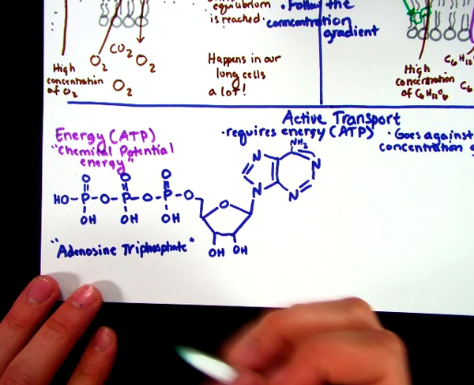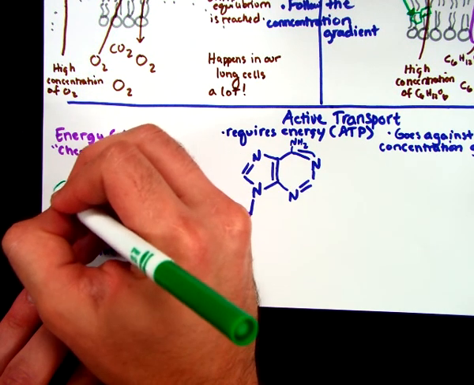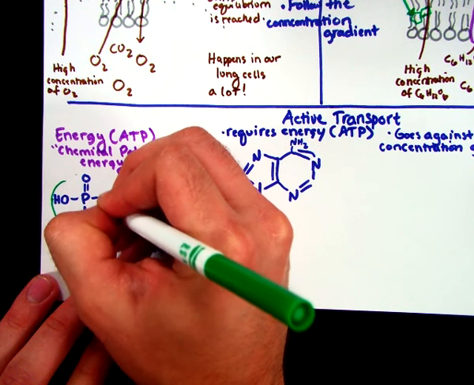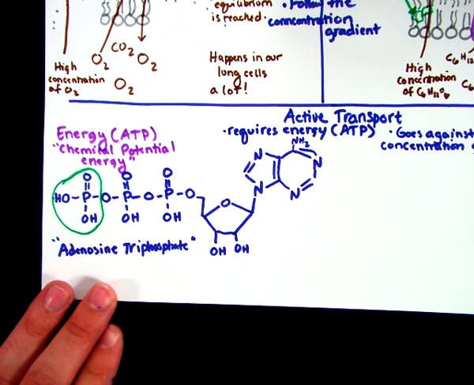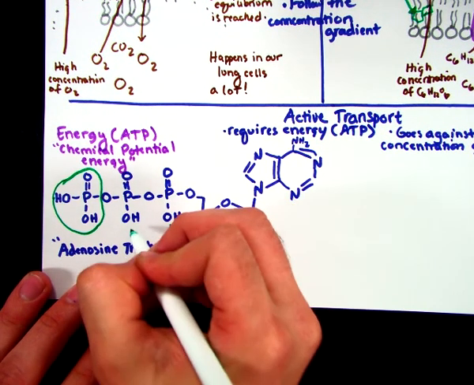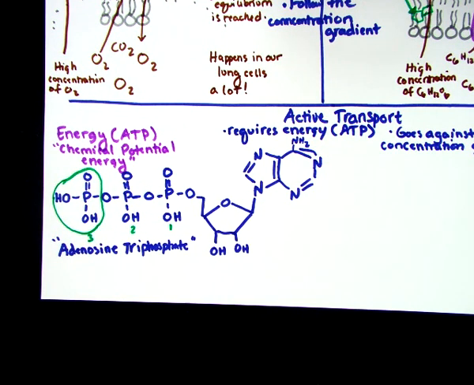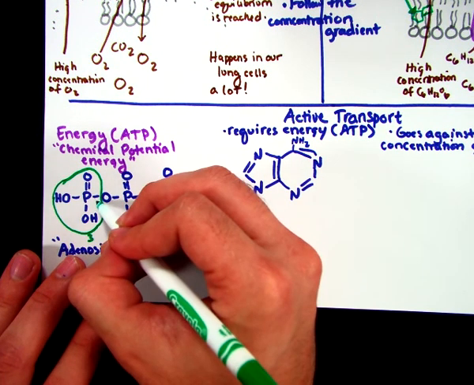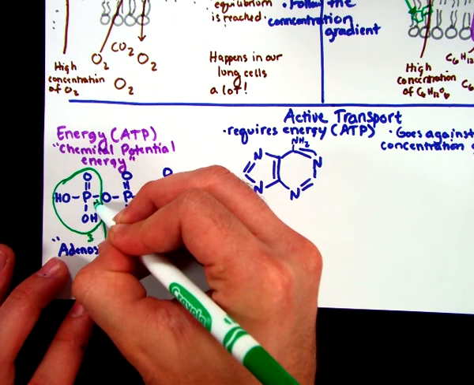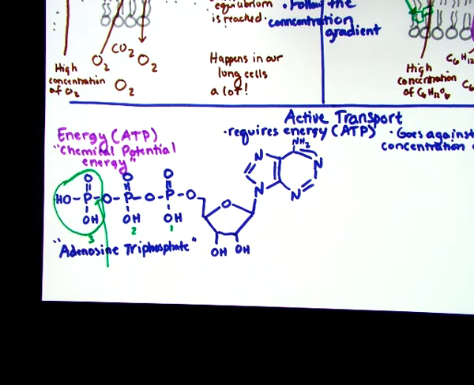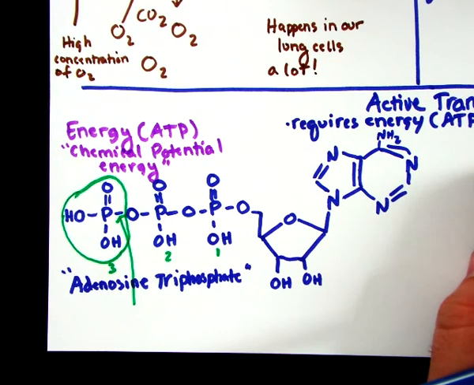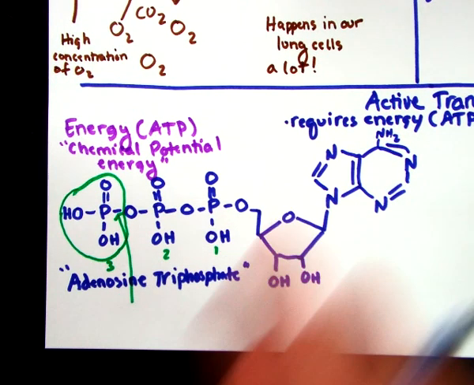So, this third phosphate group, we often refer to these as the first, the second, and the third. The third one stores all of this energy, such that when this bond right here is broken, by, let's see if we remember, this is a polymer of phosphate groups.